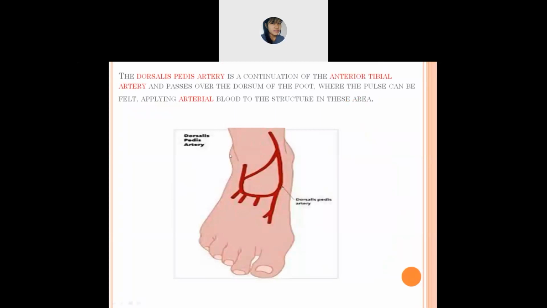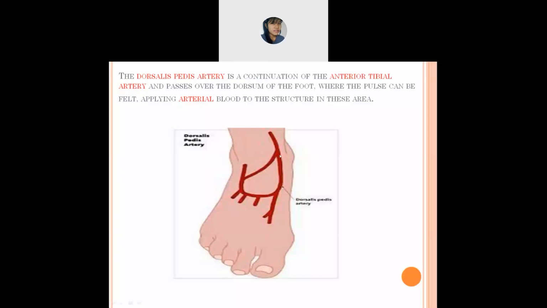Okay, and here in this dorsalis pedis artery, what you will find is that it lies in the anterior, the front portion. In this dorsalis pedis artery, you will be able to feel the pulse also.